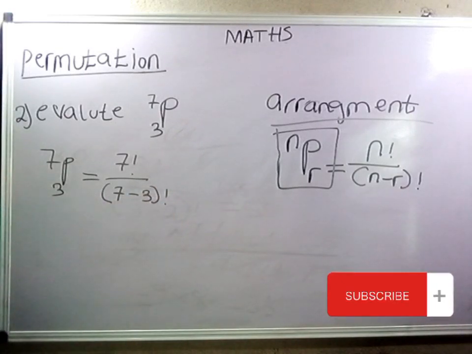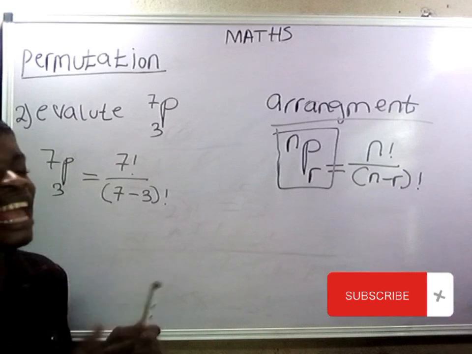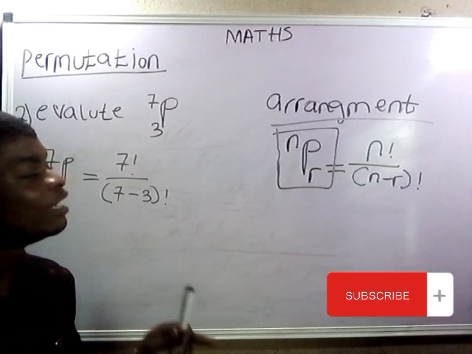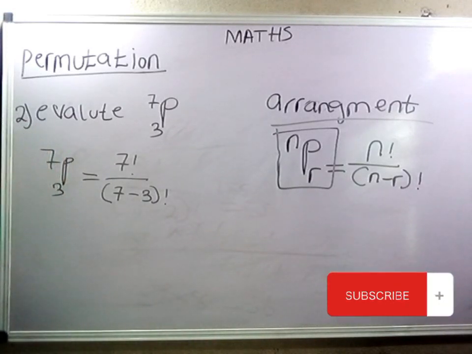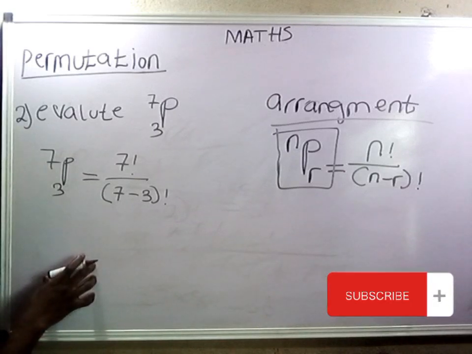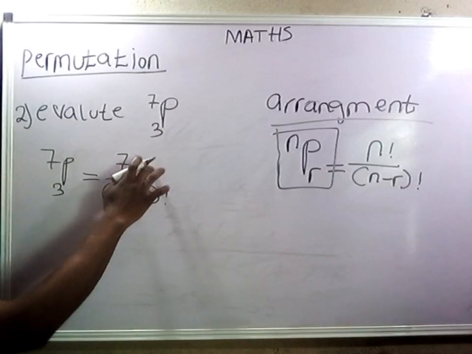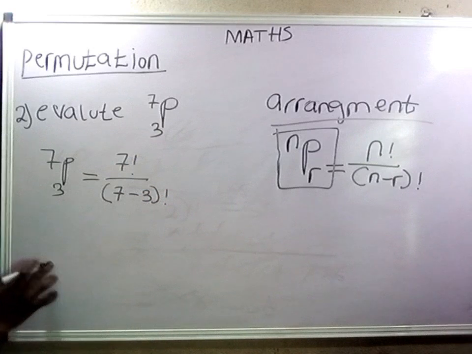So this can be solved in two ways. I gave you the fastest method, so let's solve it with the general method. 7 factorial means multiply 7 backward till you get to 1.